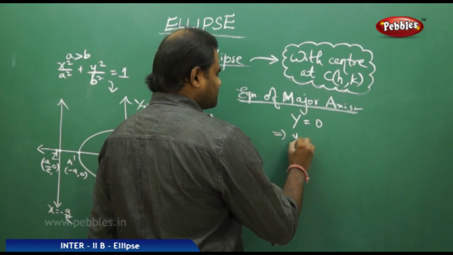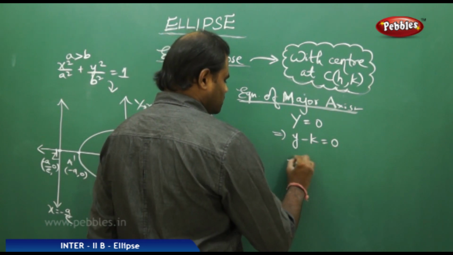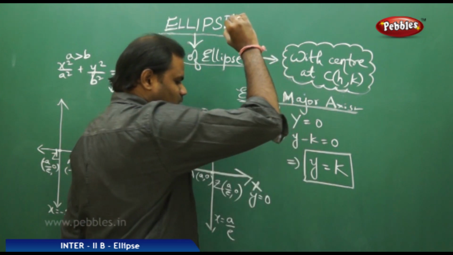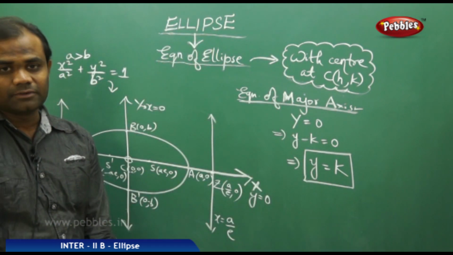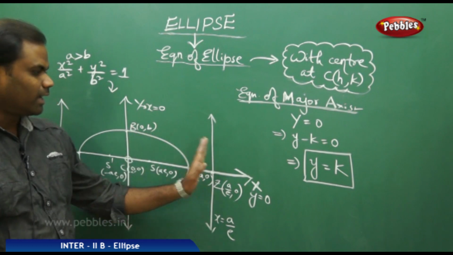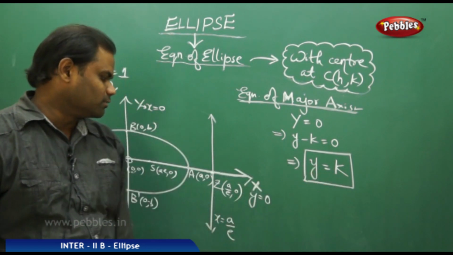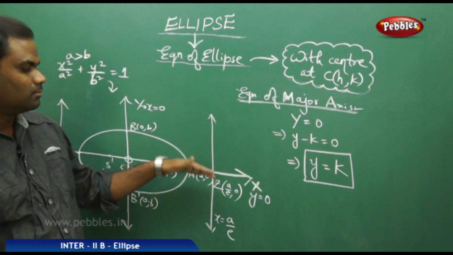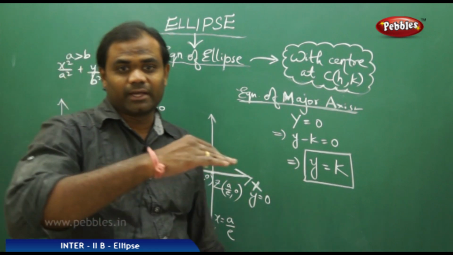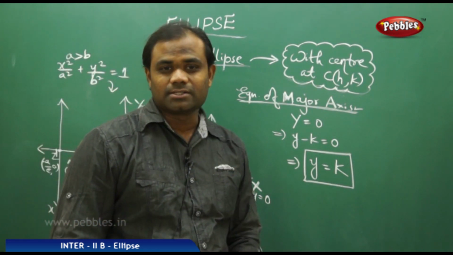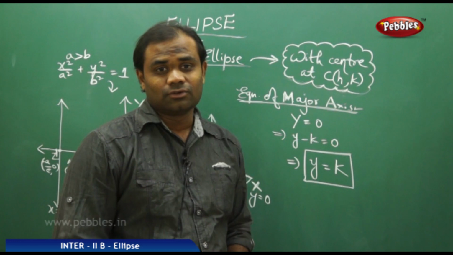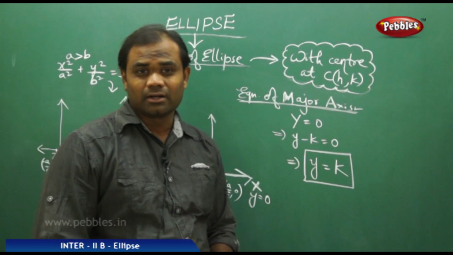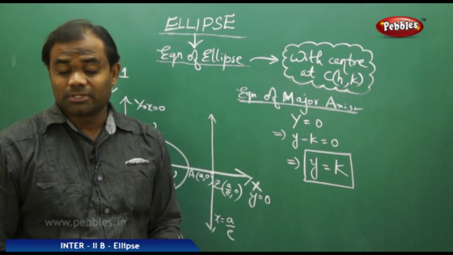That implies y minus k equal to 0, and that implies y equal to k. So the major axis is a line which is parallel to x-axis and a distance of k units from it. So y equal to k is the equation of major axis for the new transformed equation. (x minus h) whole square by a square plus (y minus k) whole square by b square equal to 1.